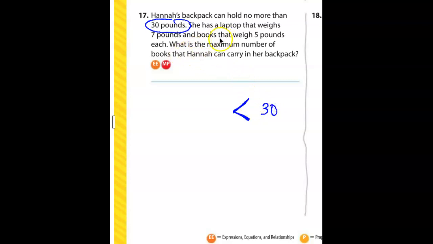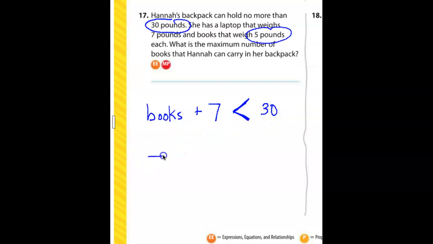What is something we know that she needs to carry in her backpack? Exactly, her laptop. So that's 7 pounds. And then she can carry some books. What information do we know about the books that's important? 5 pounds, very good. So how many books can she carry and still be less than 30 pounds?